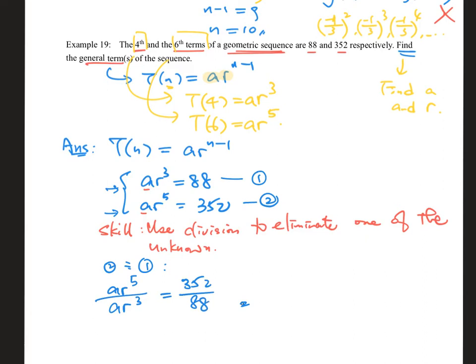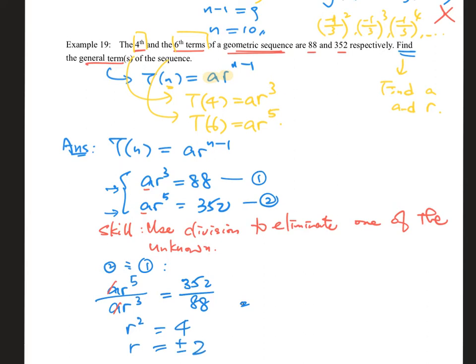The main point about the technique is that one of the unknowns will be cancelled, and our aim is to have one certain unknown only in our answer. So now you have got r to be plus or minus 2, because it's a square over there.